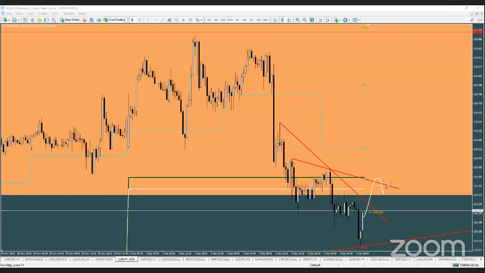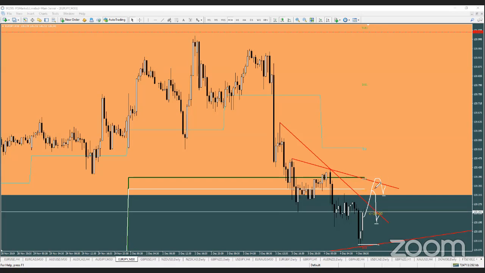A retest there gets me short there. Or if it doesn't make it up to there, a break back under here and a retest gets me short here, taking profit before that level. So yes, there is a way to get euro yen short, and that will be the best that I can find.